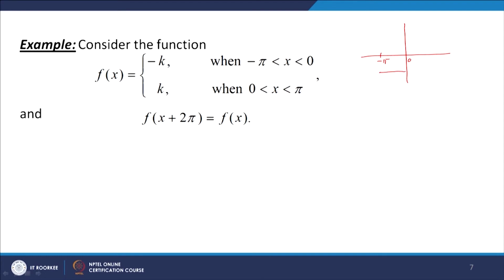So, we draw the graph like this, and from 0 to π it is k. Then it is extended by 2π periodicity, like this.